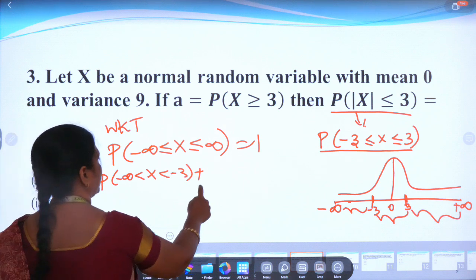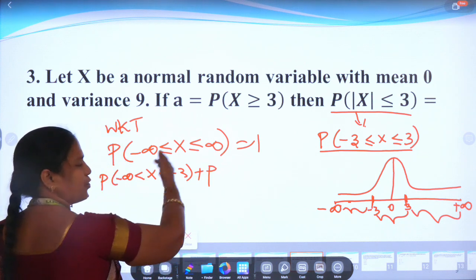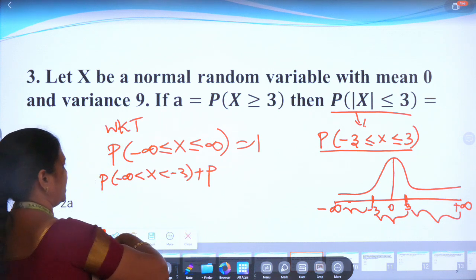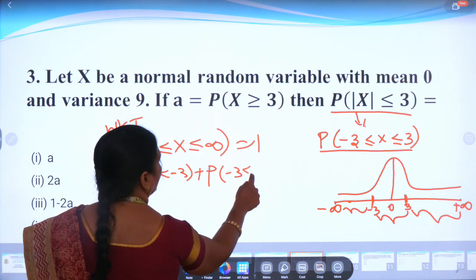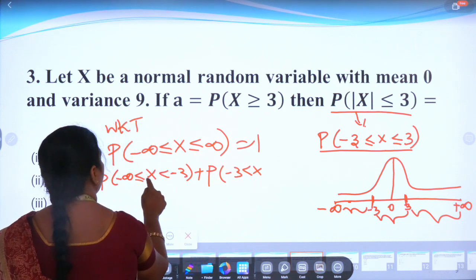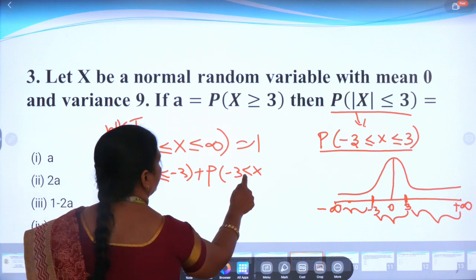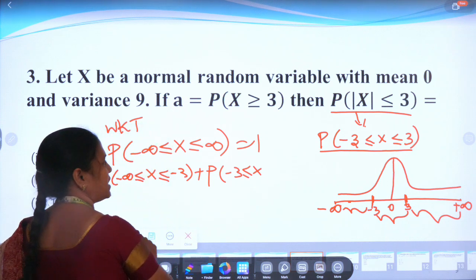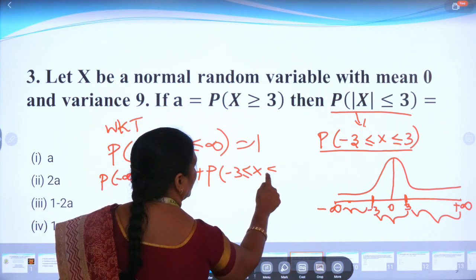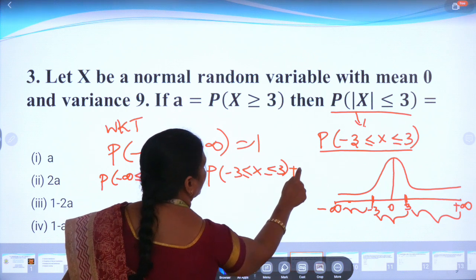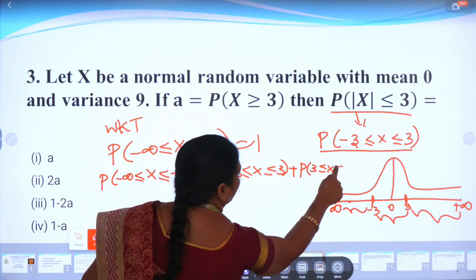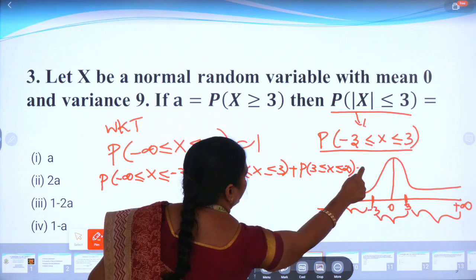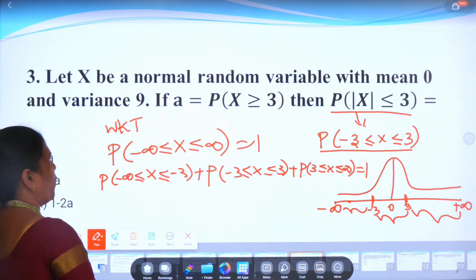We split minus infinity to plus infinity this way, and we know the total probability is 1. So the probability of minus 3 less than or equal to X less than or equal to 3, plus the probability of 3 less than or equal to X less than or equal to infinity, is equal to 1.